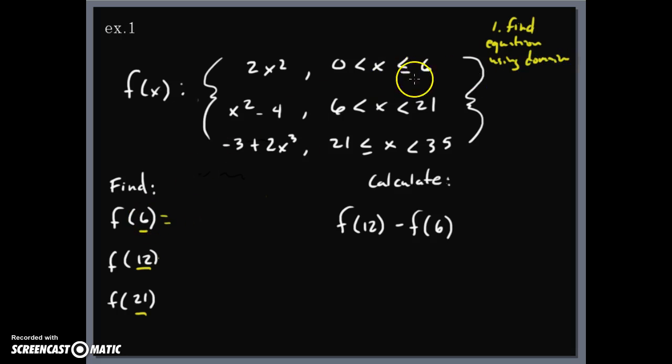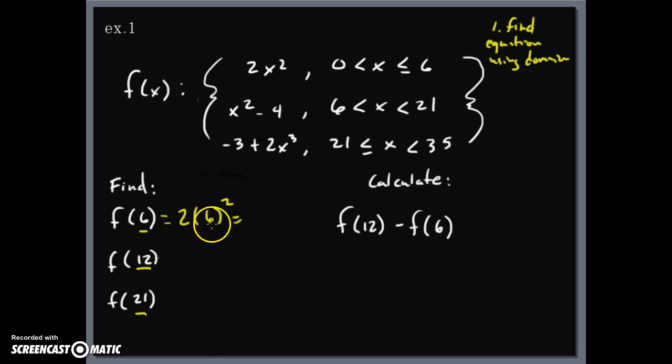So 6 falls in between 0 and 6, and because this is an equal to, x can equal 6 here, I'm going to use this top equation. Below, this also has a 6, but this is saying when x is greater than 6, well, 6 isn't greater than 6, it's equal to, so the top equation is the one that I'm going to use. So I'm going to put in 6 for x, and then I'm just going to follow order of operations.